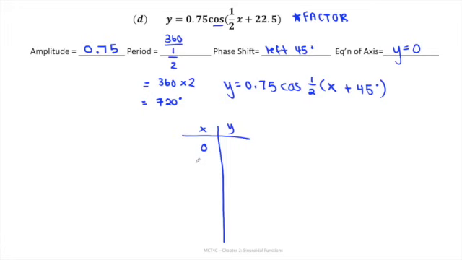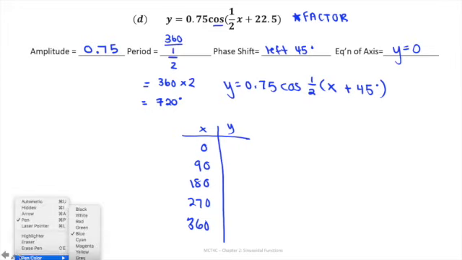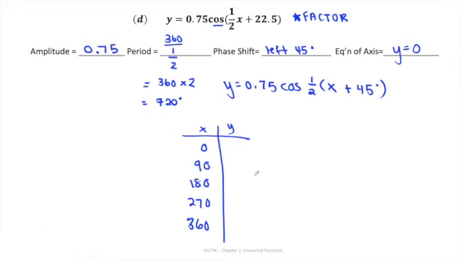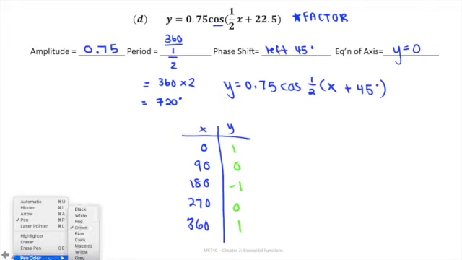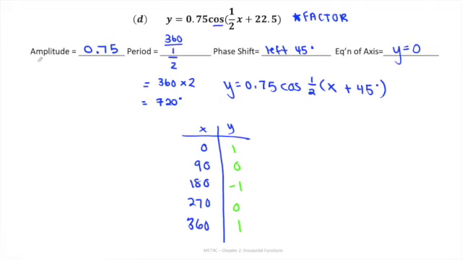Remember, the x's don't change for cosine, but remember that our y's do, so you're going to go 1, 0, negative 1, 0, back up to 1 for our graph. Okay, so you can do that. So let's start with our amplitude. Our amplitude affects our y's because it's going to stretch us up or down. So we're going to multiply each of these by 0.75.